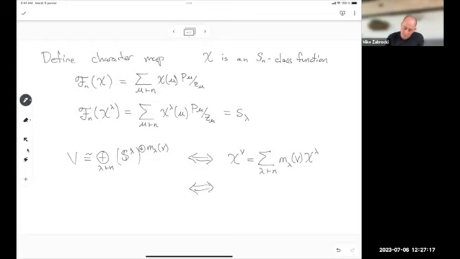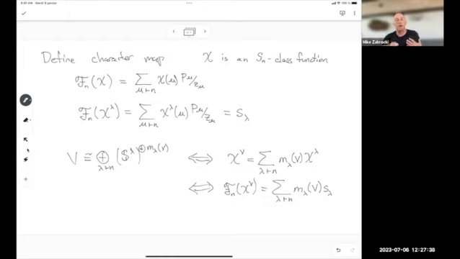And that's if and only if the Frobenius image of chi V is equal to the sum over lambda partitions of n of m lambda of V, s lambda.